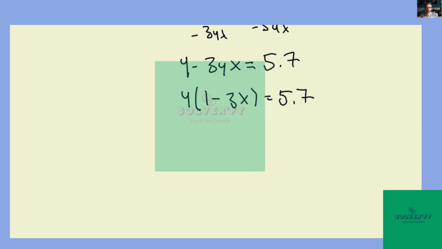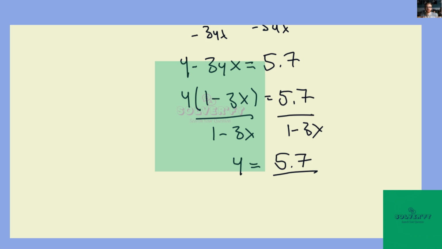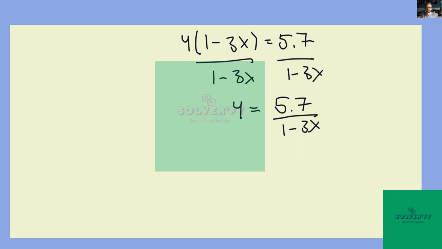And we will divide both sides by 1 minus 3x to get y equals 5.7 over 1 minus 3x as our particular solution in y equals a function of x form. This is particular.